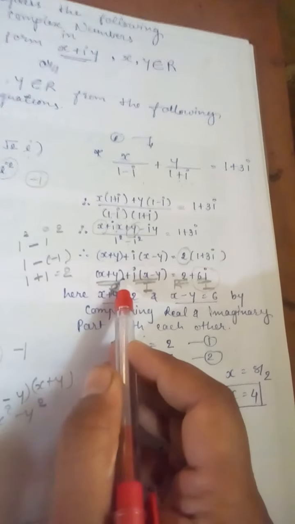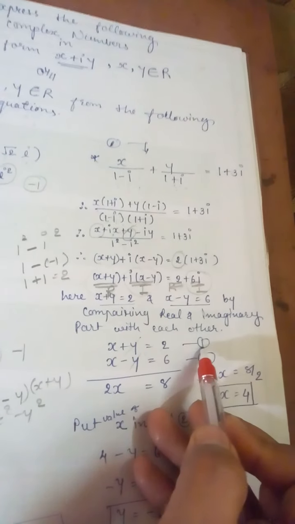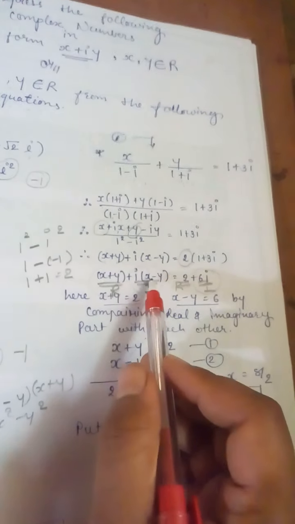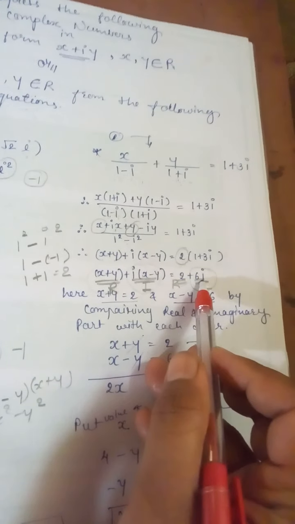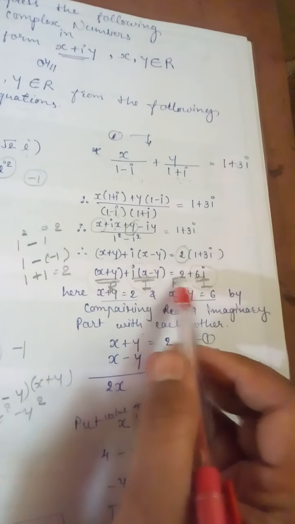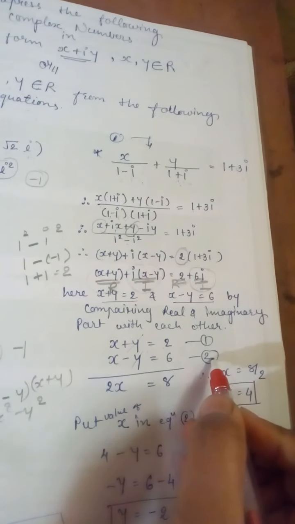So x plus y is equal to 2, which we denote as the first equation, and x minus y is equal to 6, since i will be cancelled out on both sides, which is the second equation.